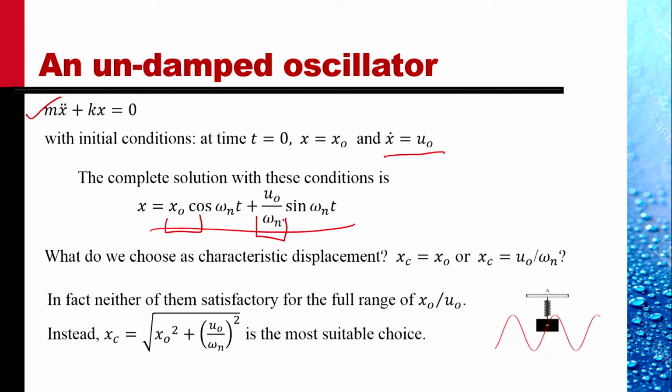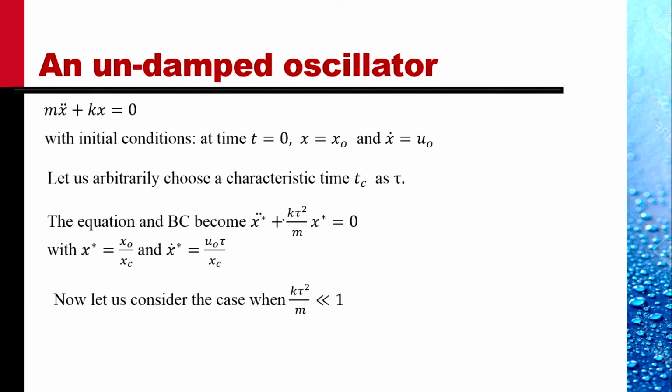Instead, xc is equal to the square root of x naught squared plus u naught by omega n, whole squared, is the most suitable choice. But it is not easy to see. It is only after we have worked with the solution, get stuck, that we realize that if we choose this, then we get the best results. Let us choose a characteristic time tc arbitrarily as tau.